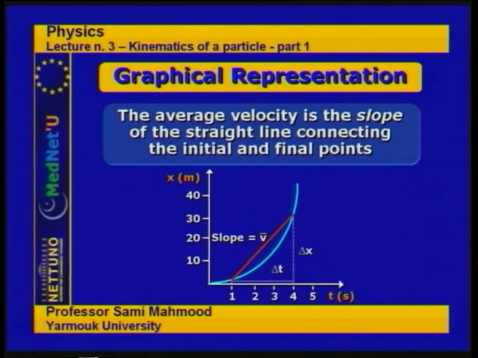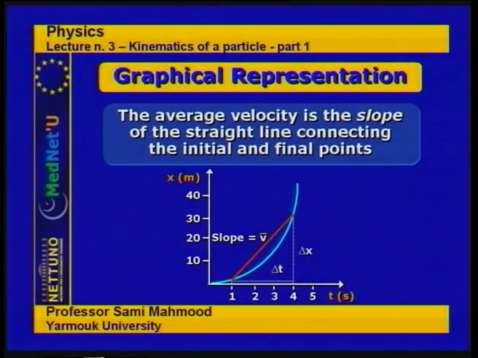Between the location at the initial time and the location at the final time for the motion, we draw a straight line, and the slope of the straight line, which is delta x, the vertical displacement, over delta t, which is the time interval, that slope, delta x divided by delta t, is the average velocity of the particle. That is a graphical representation of the average velocity of the particle.